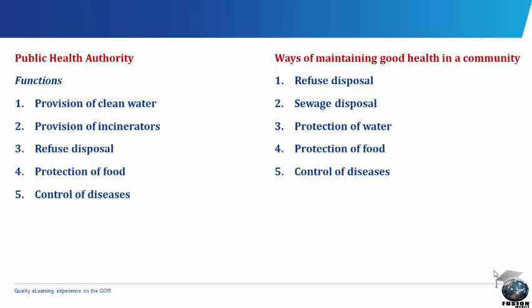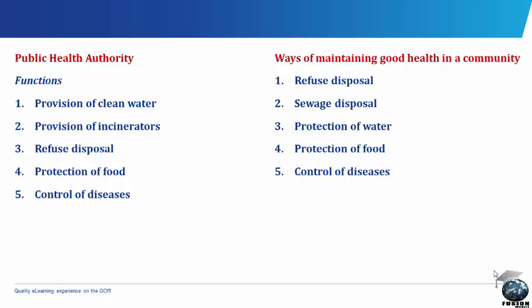Ways of maintaining good health in a community. Effective public health administration in a community can be achieved through: 1. Refuse disposal, 2. Sewage disposal, 3. Protection of water, 4. Protection of food, and 5. The control of diseases. Refuse are solid waste materials discharged through human activities from homes and industries into the environment.